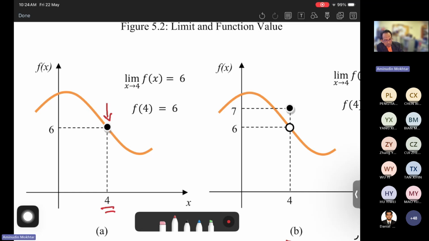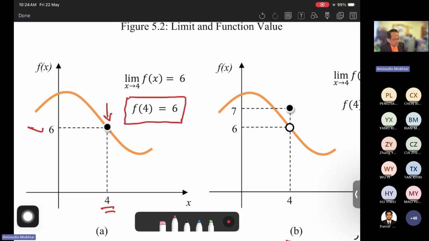Let's say when x equals 4, y equals 6. The value of y is 6 when x equals 4. That's why we can write f(4) equals 6, meaning that this equation refers to the function value.